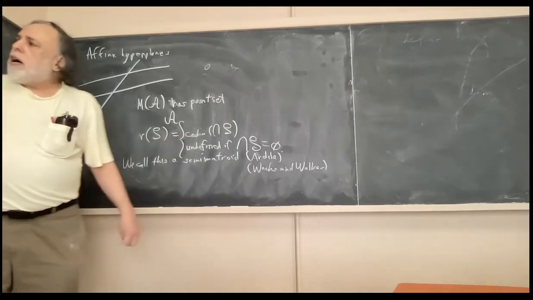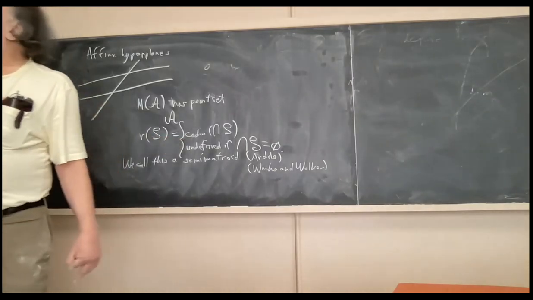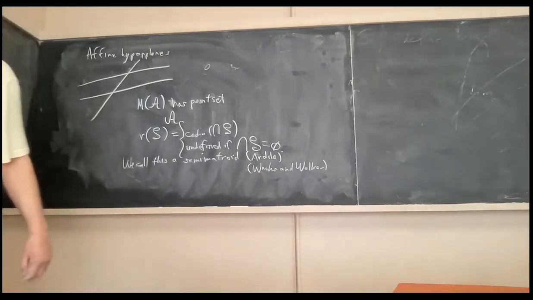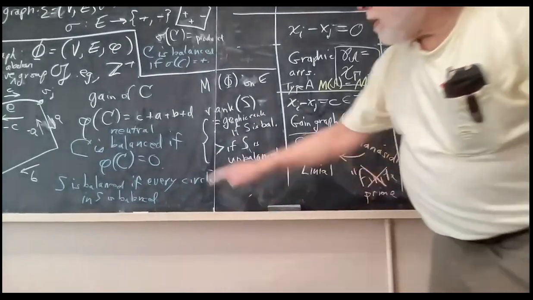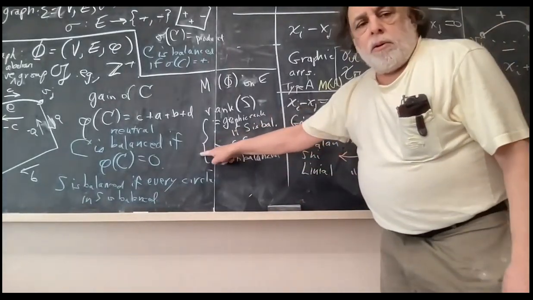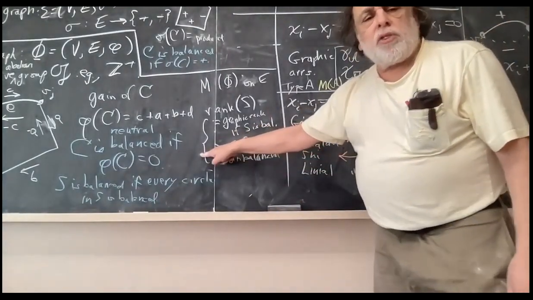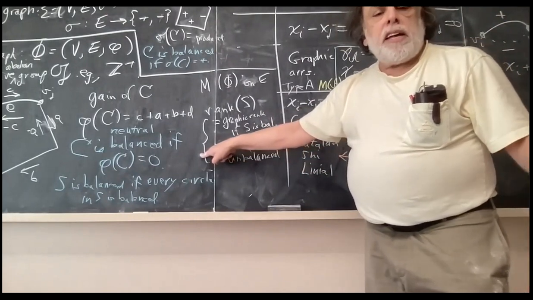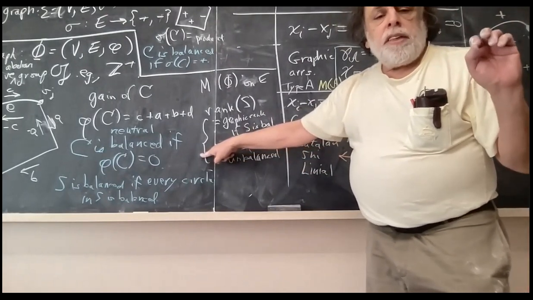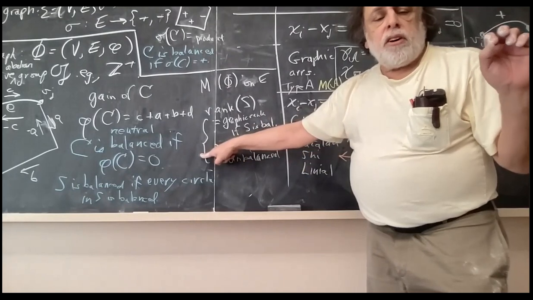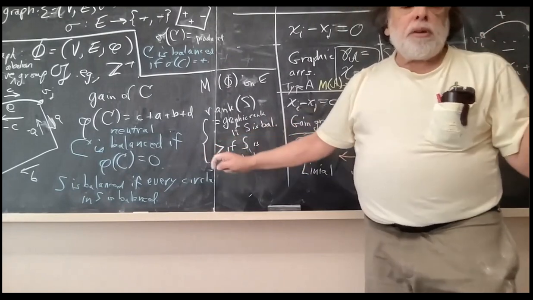Now, when I'm doing arrangements that come from a gain graph, like what I was showing you over here, when I look at the graph, if I get an unbalanced circle, that set of edges is going to have empty hyperplane intersections.